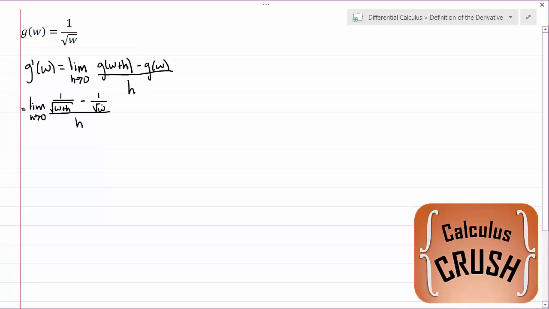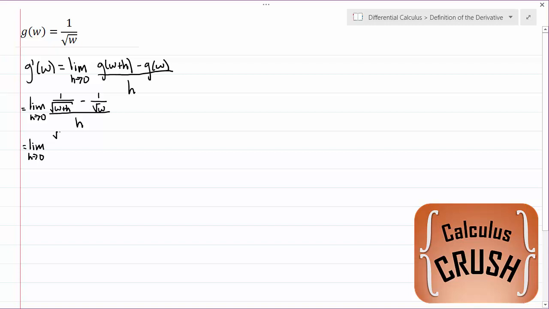Now, the first thing we need to do is come up with a common denominator so we can merge these two fractions together. In order to do that, we need to multiply the top and bottom of this fraction by the square root of w, and we need to multiply the top and bottom of this fraction by the square root of w plus h.